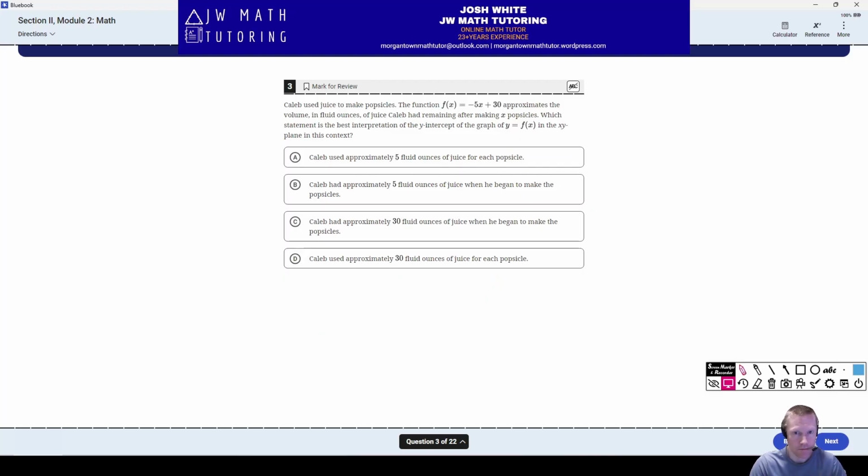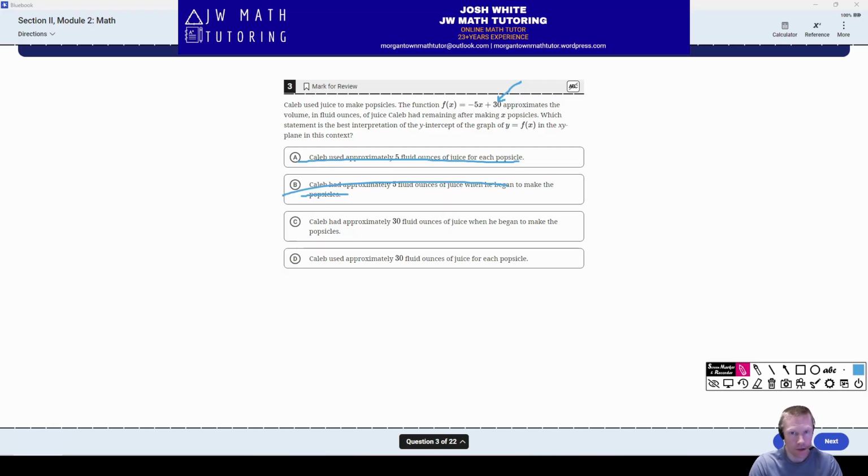Next up, number 3. Here you have a function, and they're basically asking you to interpret what something means in the function. The y-intercept of this function, linear equation, or line, is right here, which is 30. So first of all, that means that A and B are out. It's got to basically be what 30 means.